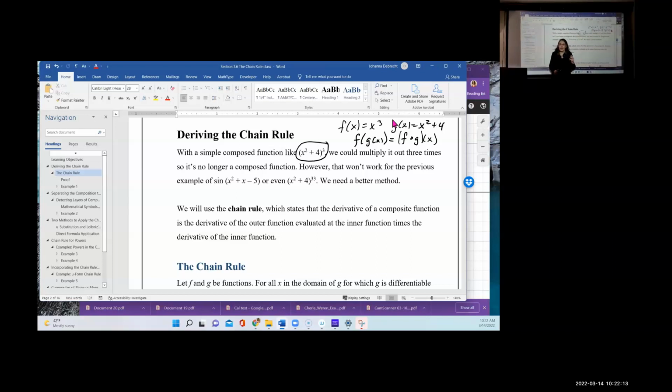Now, in theory, I could multiply this out 3 times and get a polynomial, and then I wouldn't have to worry about the chain rule. But what if it were raised to a higher power like the 33rd power? There's no way that I could spend the time to multiply this out 33 times.